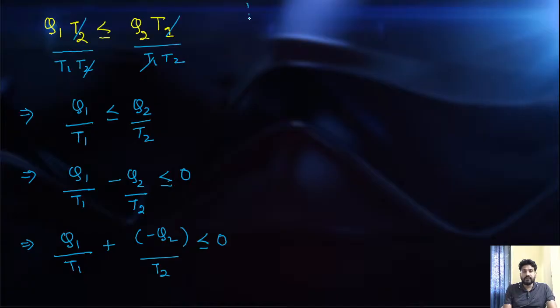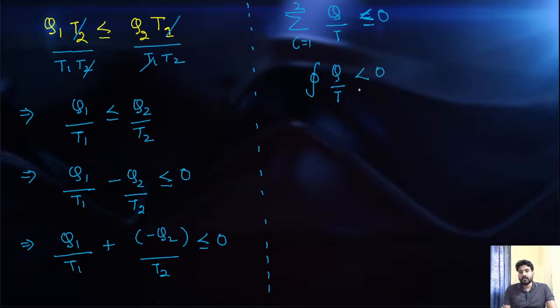And in a similar way, guys, this can be written as the sum from i equals 1 to 2 of Q upon T, less than or equal to 0. Right? In integration terms also we can write that the cyclic integral of Q by T is less than or equal to 0.